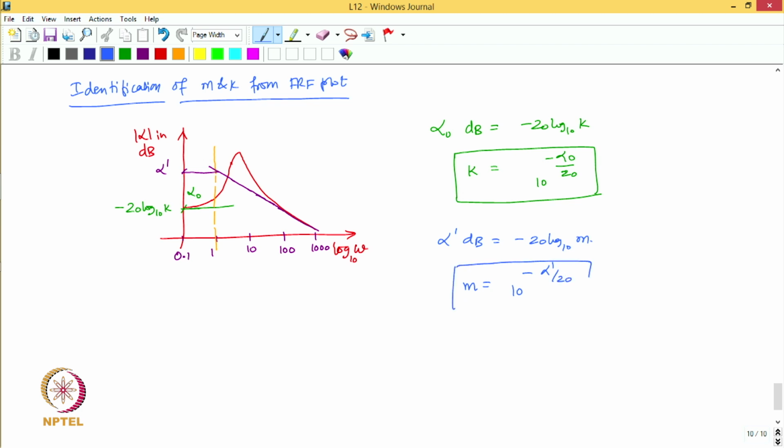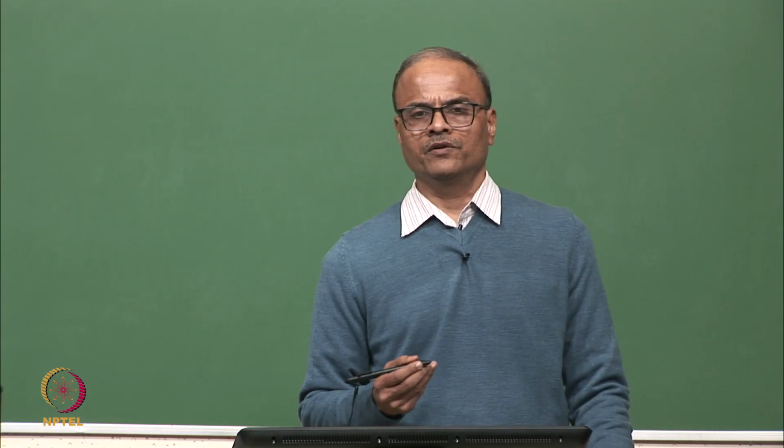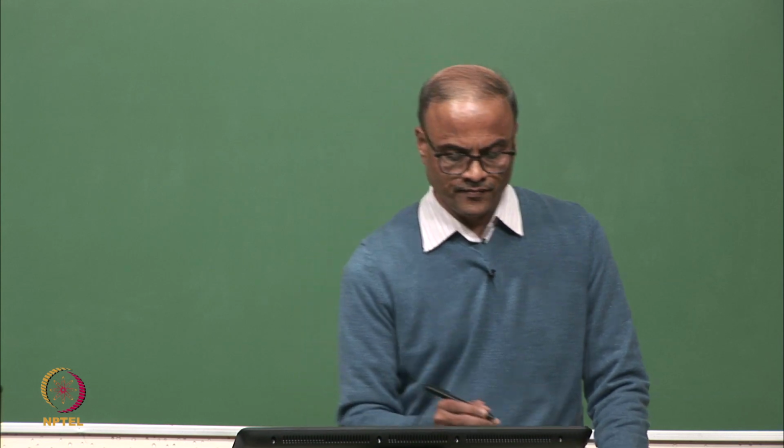Of course, we should remember that this line has been drawn with a slope of minus 40 dB per decade. So, that is how we can identify the mass and stiffness of the system from the FRF plot of the system. Can we identify viscous damping coefficient from these mass and stiffness lines?